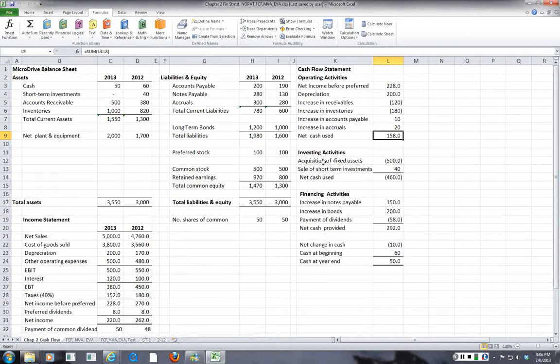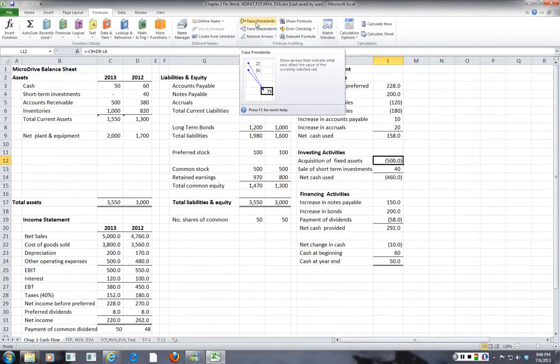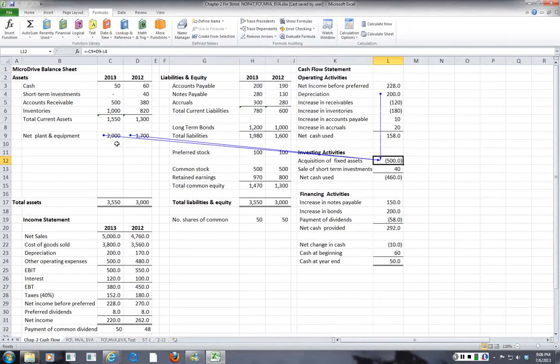Next, we take a look at the investing activities, and the big number here is $500,000 of an increase in fixed assets. Where does that come from? You can see over here that the net plant and equipment goes from $1.7 million to $2 million.